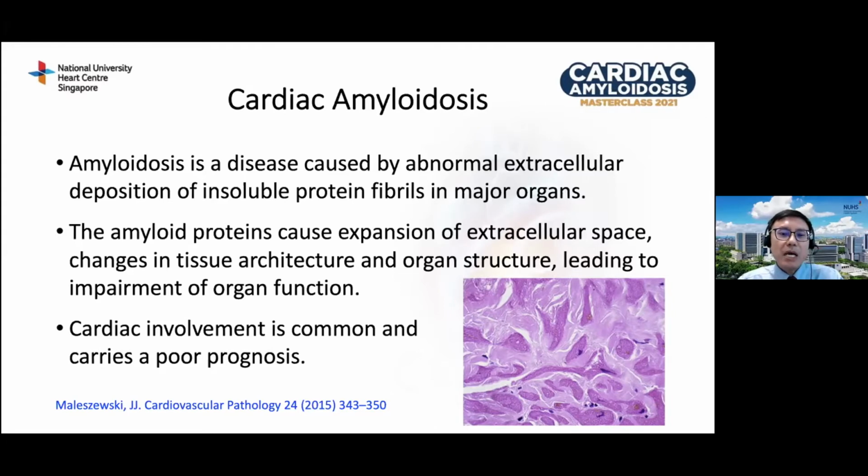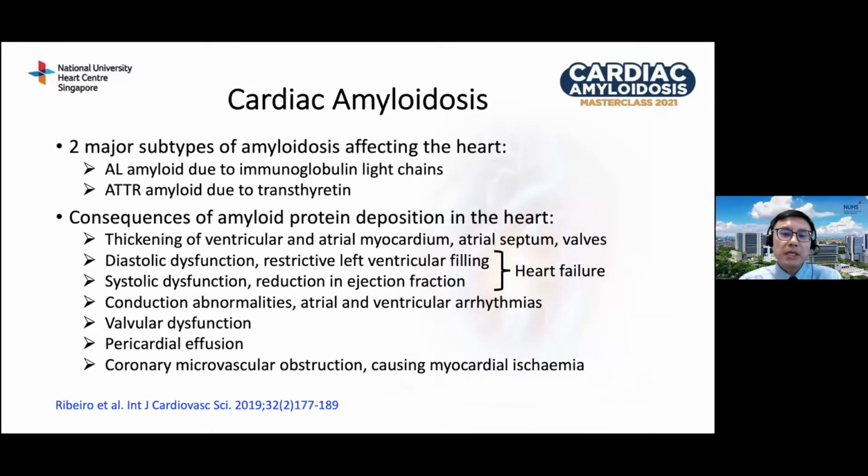The amyloid proteins will cause expansion of extracellular space, as well as changes in tissue architecture and organ structure, and cell death, leading to impairment of organ function. As you know, cardiac involvement is quite common and carries a poor prognosis. The two major subtypes of amyloidosis affecting the heart are AL and ATTR.